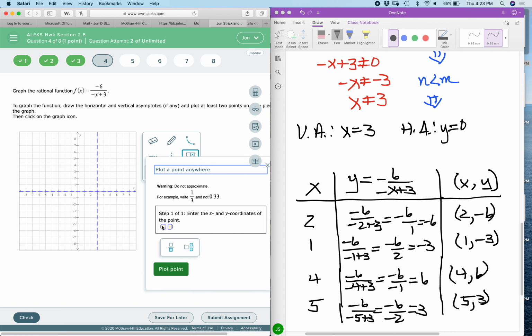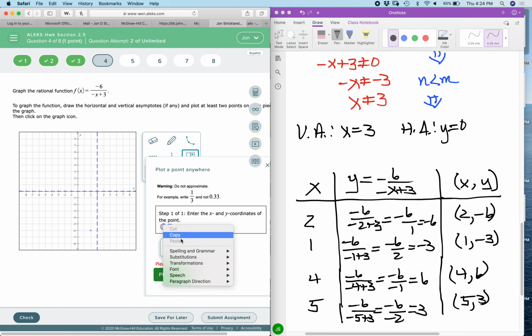We have 2, negative 6, plot point. And if we go with 1, negative 3, plot point.